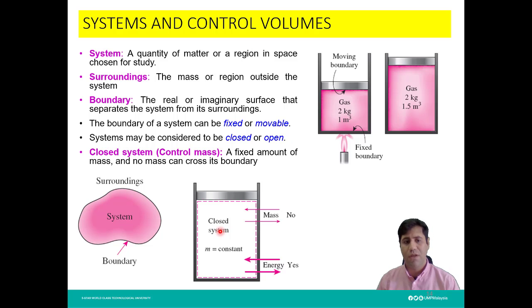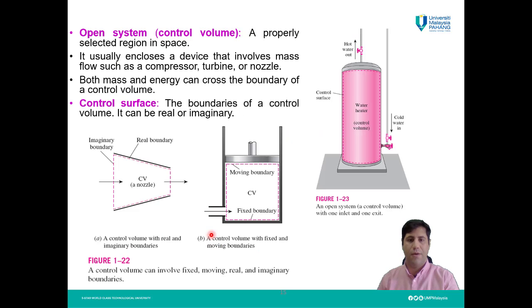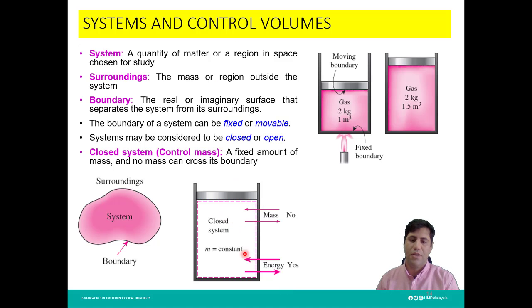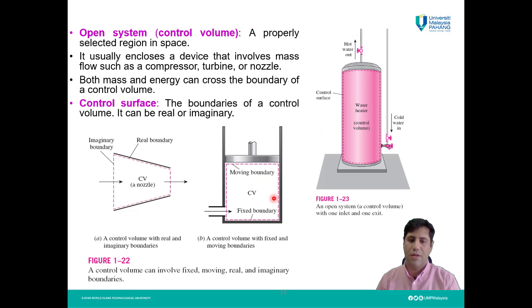But sometimes we have something like this. Compare these two. This is a cylinder, this is a movable piston, and this is the same equipment, but we add something like this, and a valve to the cylinder.